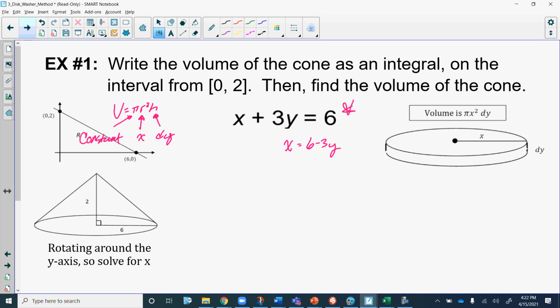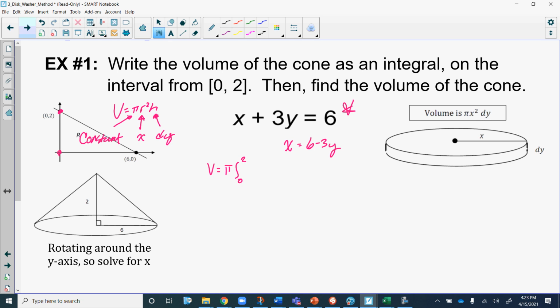So the constant that we have for the volume formula, we will keep that out of the integral. So if I wanted to take that volume formula and translate it into something calculus related, I'm going to take the constant of pi, leave it outside of the integral, and in this case they're telling us we're doing it on the y-axis from 0 to 2, so that's the interval that we're looking at.